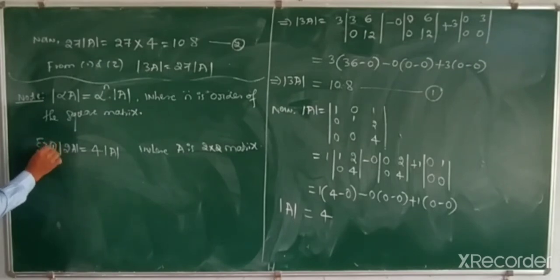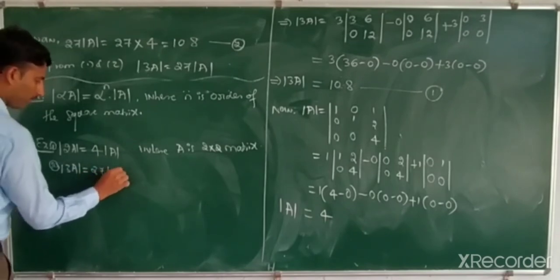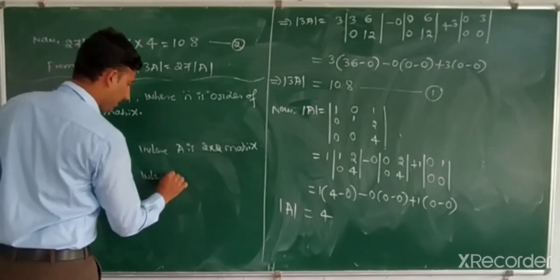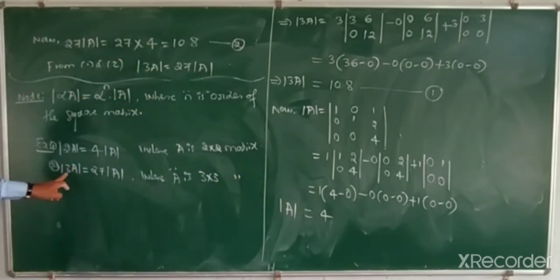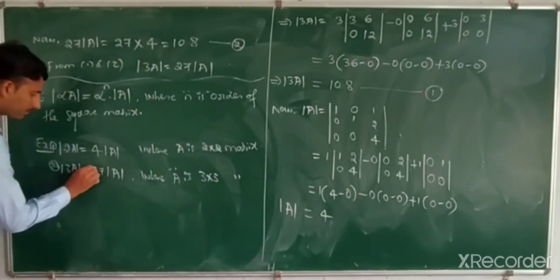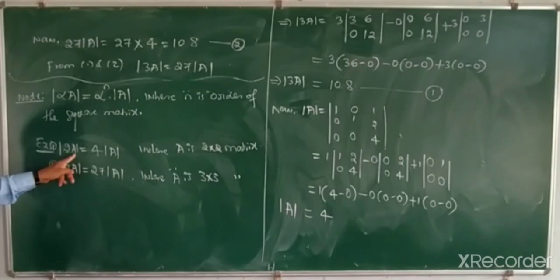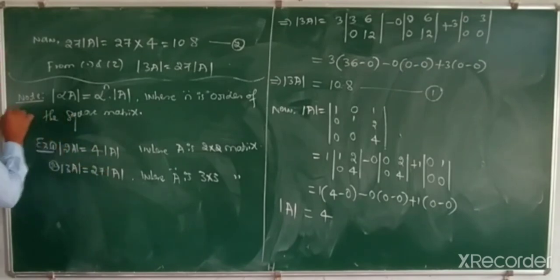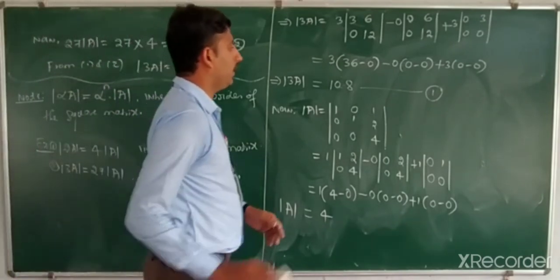Example 2: determinant of 3A is equal to 27 into determinant of A, where A is a 3 cross 3 matrix. So alpha to the power n: the first is 2 square, and the second is 3 cube. These are some problems.